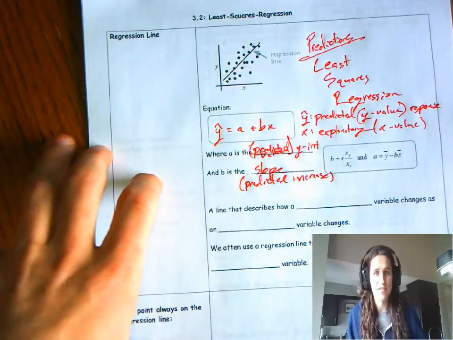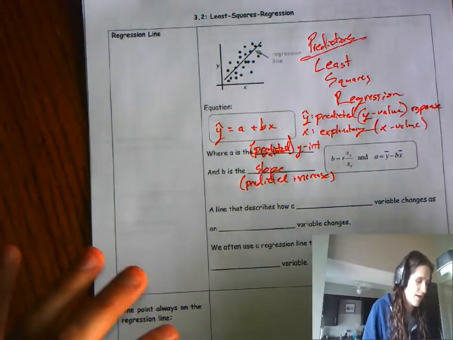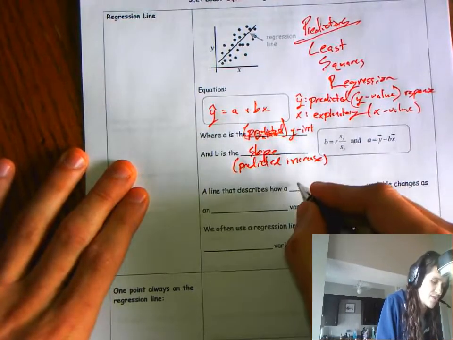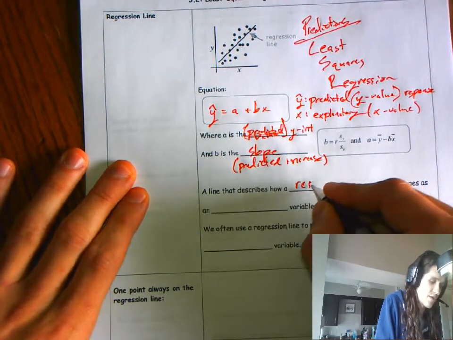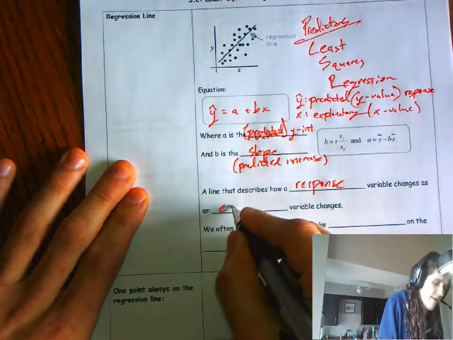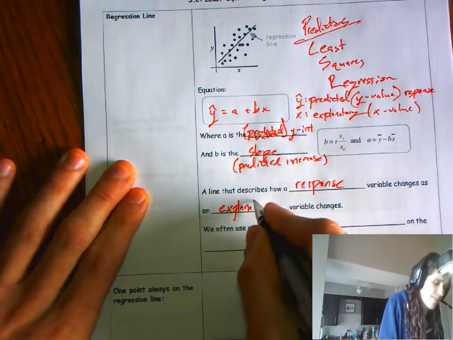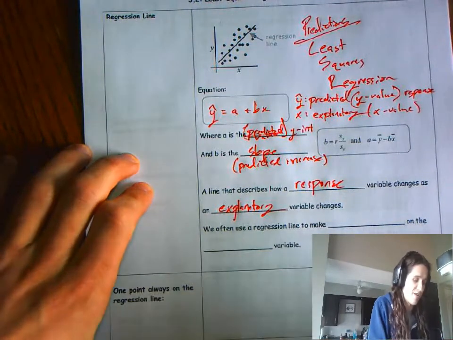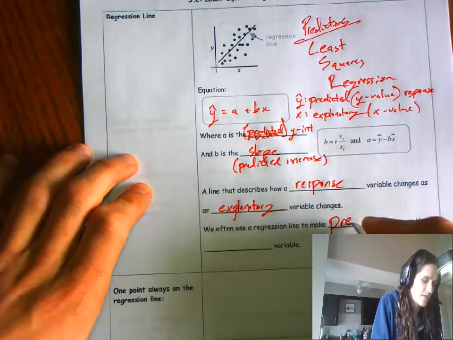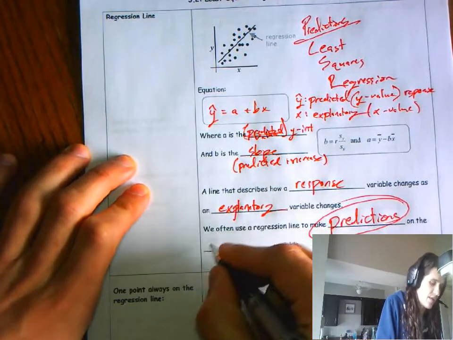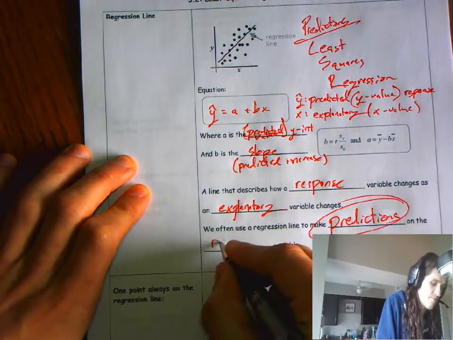I go pretty fast. Pause this. Take your time. A line that describes how a response variable changes as an explanatory variable changes. We often use a regression line to make predictions on the response variable.